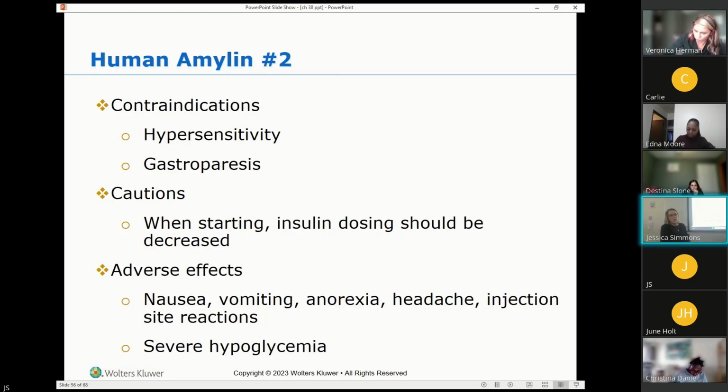What is gastroparesis? Is that like paralyzing? Like not moving? Yeah, so this is when the stomach becomes paralyzed. This is a really terrible thing that can happen to some people.